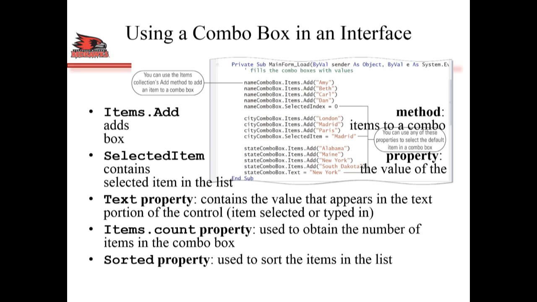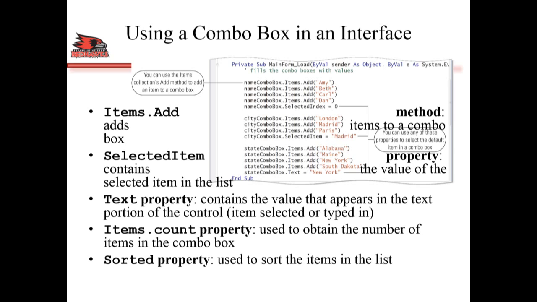About the text property, well, the index of the combo box can have a value of -1, unlike what you saw in list box. In the list box, when the index is a value of -1, that means that the selected item is not a part of the list itself.